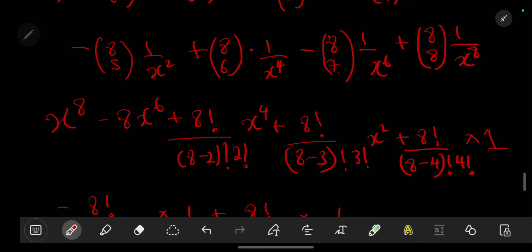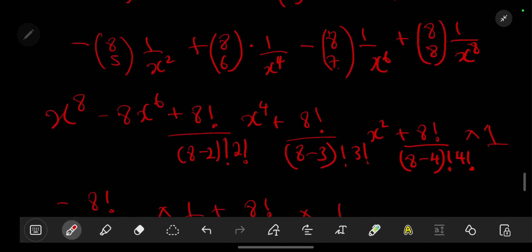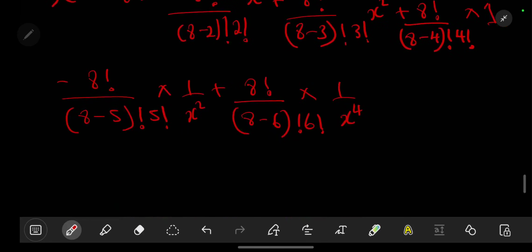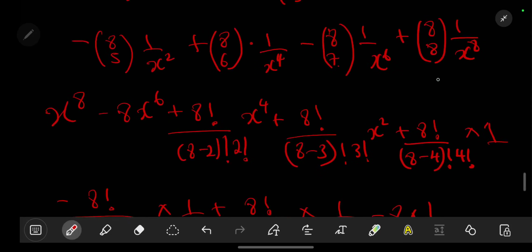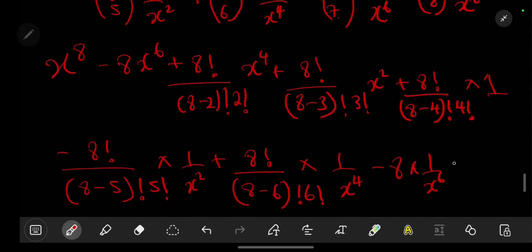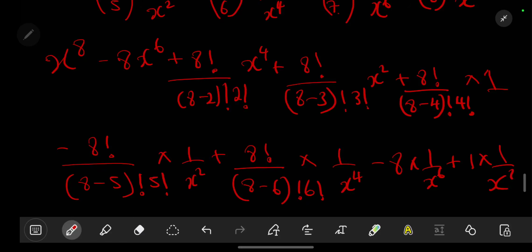So any number combination a number less than it by 1 is itself. So minus our 8 times 1 over x to the power 6. Then 8 combination itself, that's 1, so plus 1 times 1 over x to the power of 8.